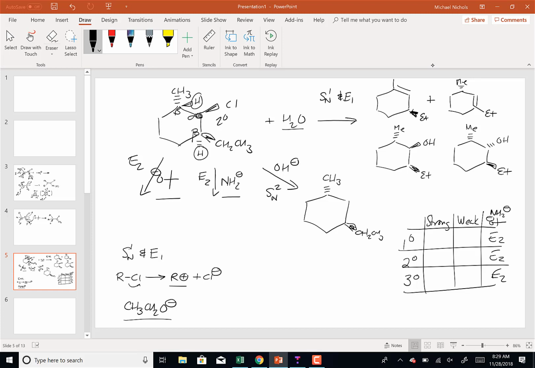Nothing happens to methyls, nothing happens to the ethyl group. The only thing is I've got to put an OH in here. Bold, dash, 50-50. For the SN2.